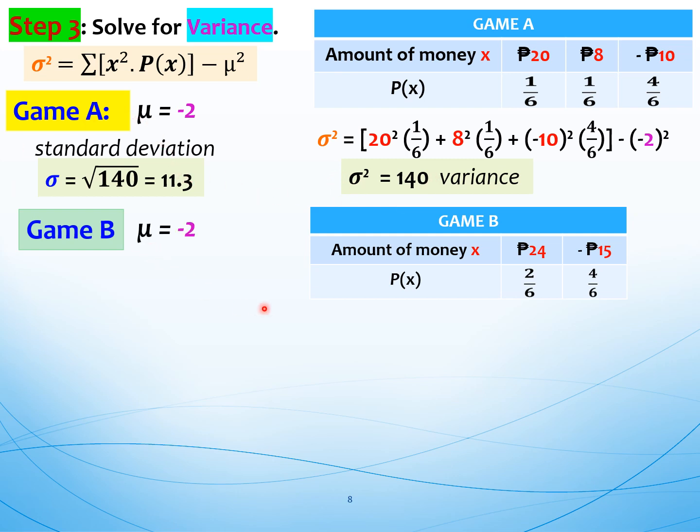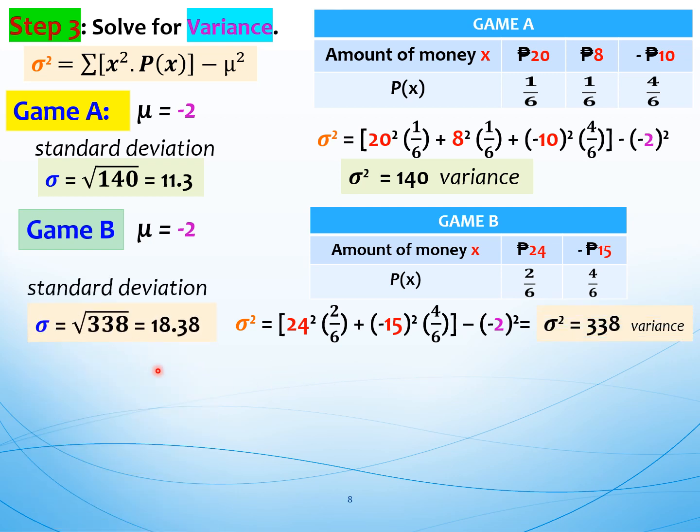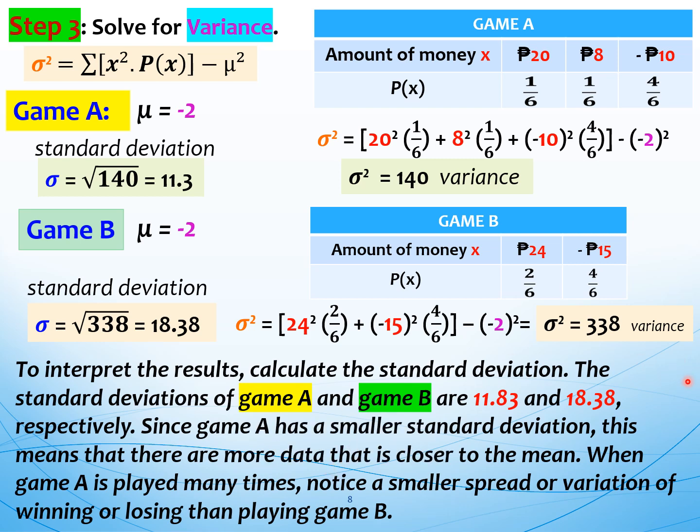How about game B? Same process, we have the mean of negative 2. Calculate the variance using this data and the standard deviation. So we have a variance of 338, and the square root of 338 becomes the standard deviation. So how can we interpret the results? To interpret the results, calculate the standard deviation.